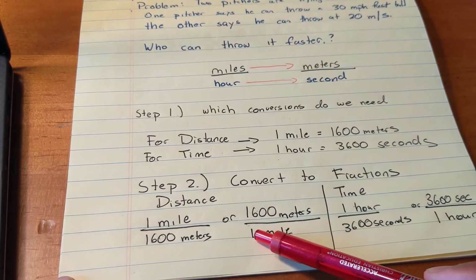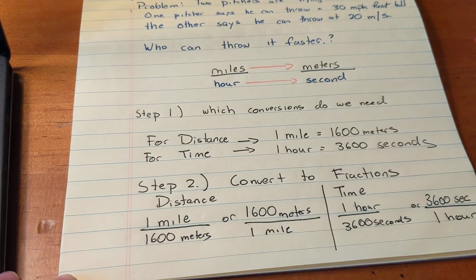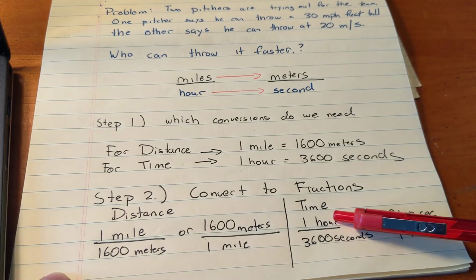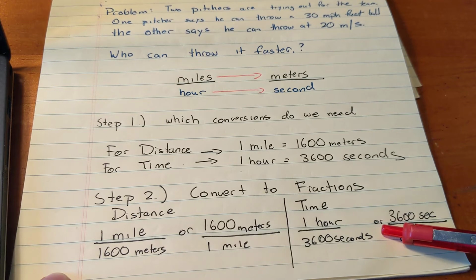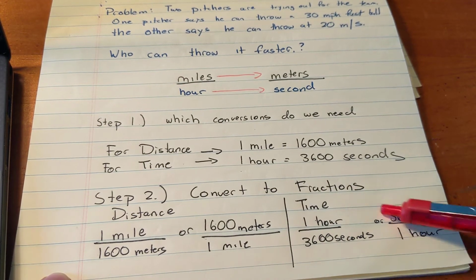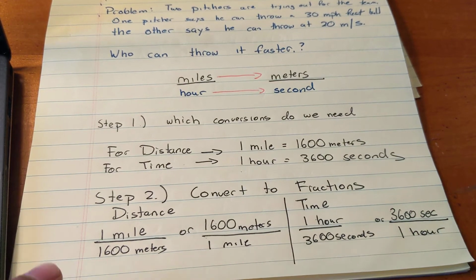So both of these are acceptable conversion fractions for that distance conversion. Next, for the time, we've got 1 hour over 3,600 seconds. Or you can write that as 3,600 seconds over 1 hour. Both of these, again, are acceptable ways to write this conversion fraction. Okay, now we're done with step two.